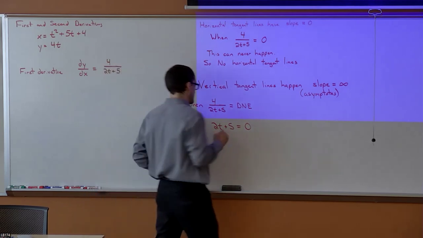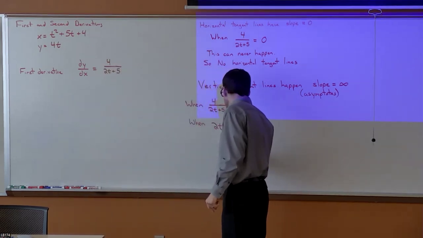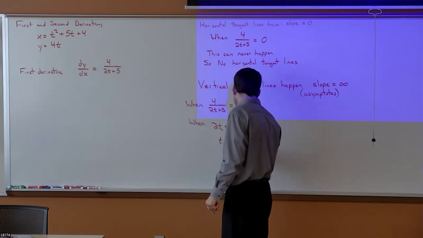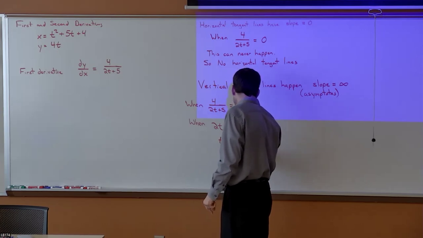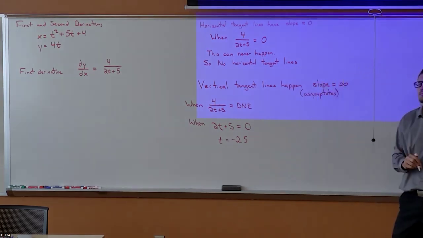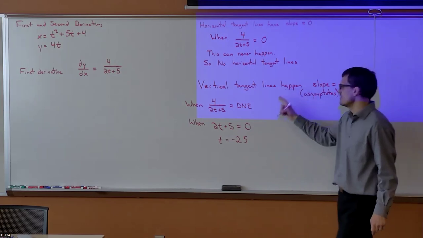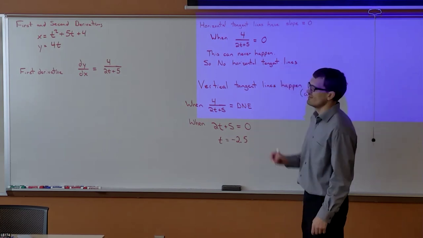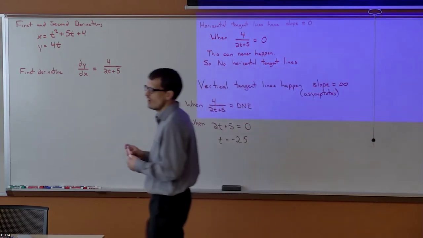And in this case, that happens when t is -5/2 or -2.5 when you solve this. So we get a vertical tangent when t is -2.5, but we don't have any horizontal tangents on our graph.